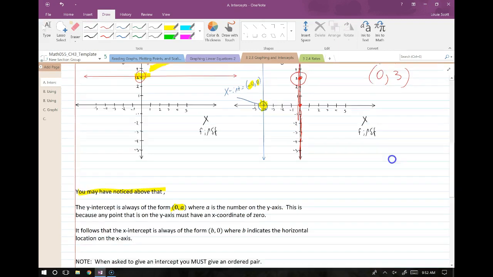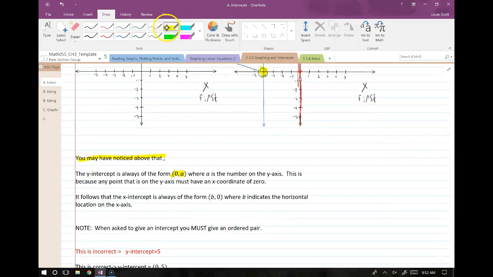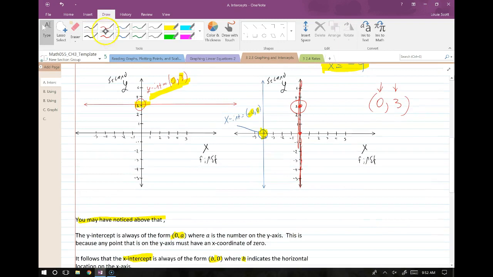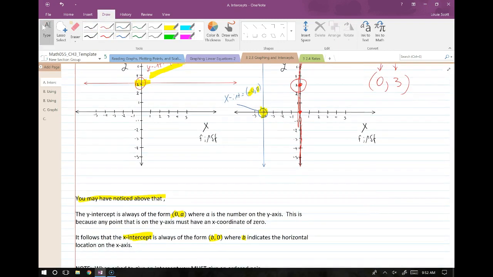Okay, so from that, it basically follows that the x-intercept is always of the form (b, 0), right, where b indicates the horizontal location on the axis, right? And so I'll use this one over on the left side here. Suppose this point over here were our x-intercept, the point (3, 0).